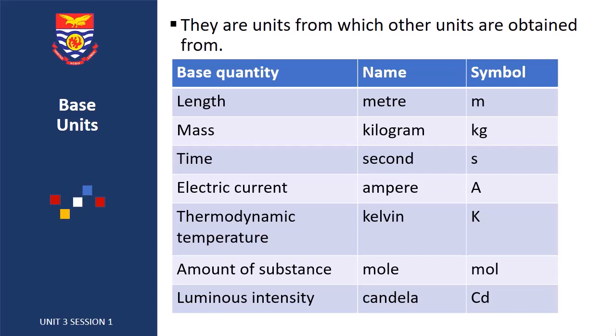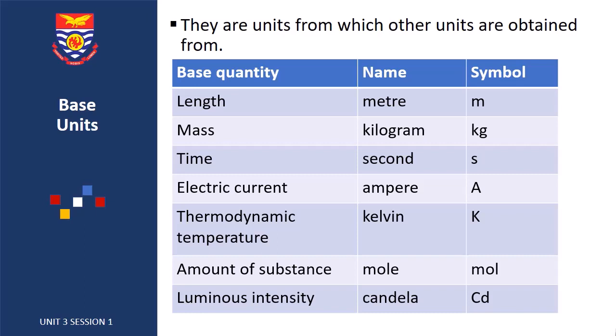Now, why are these units called basic units or base units? They are called base units because none of them can be expressed as a combination of the others. And we should also know that units are always written with lowercase initials. So when you want to write the meter, we write small m-e-t-r-e, and the symbol is also small m.